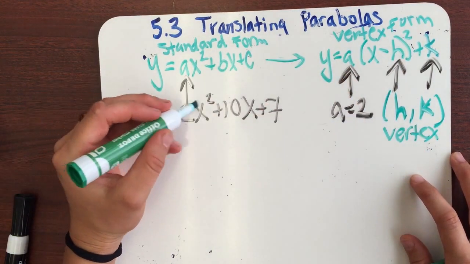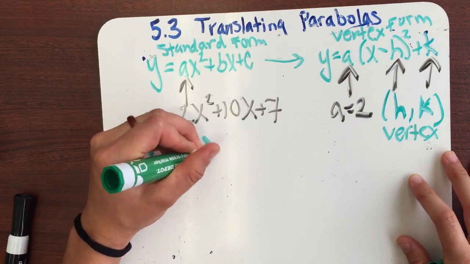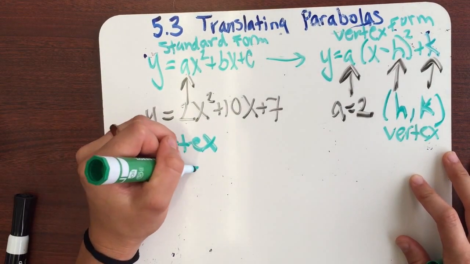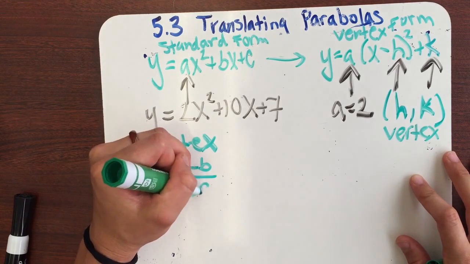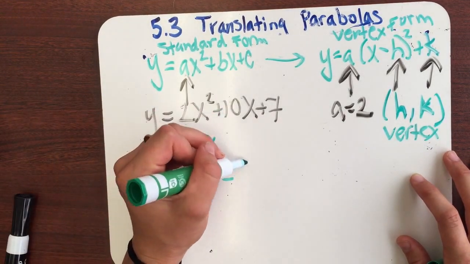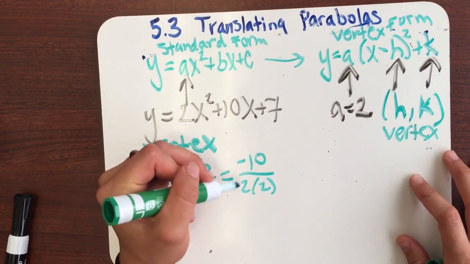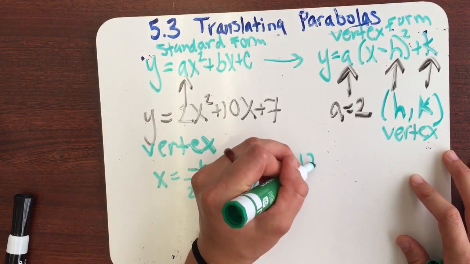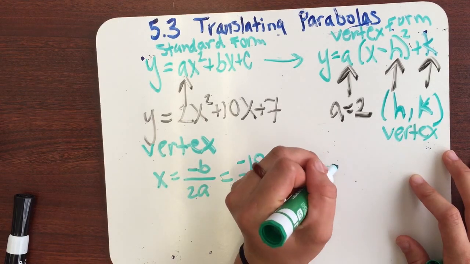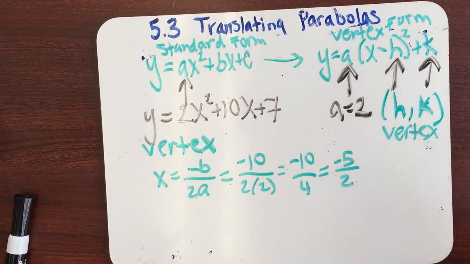We can find the vertex from standard form by using x is equal to negative b over 2a. We'll plug in and get negative b, negative 10, over 2 times 2, which is negative 10 over 4, which reduces to negative 5 over 2 because we divide out a 2 from the top and bottom.